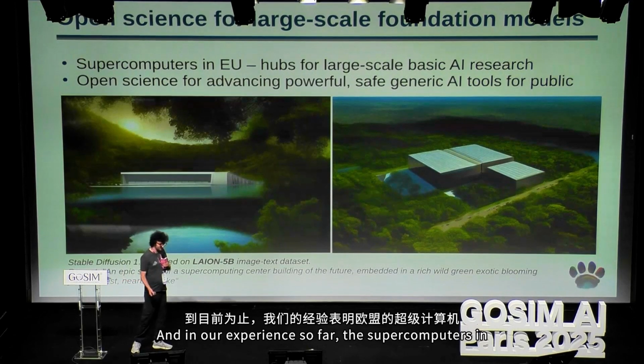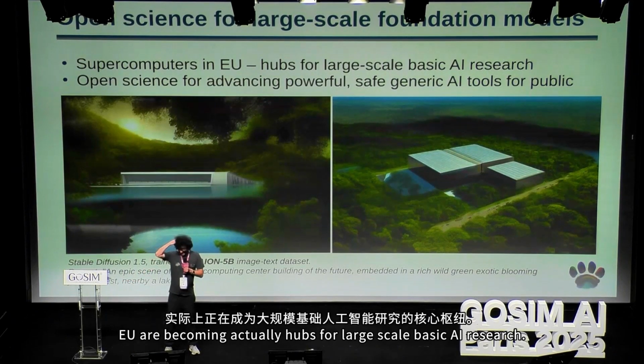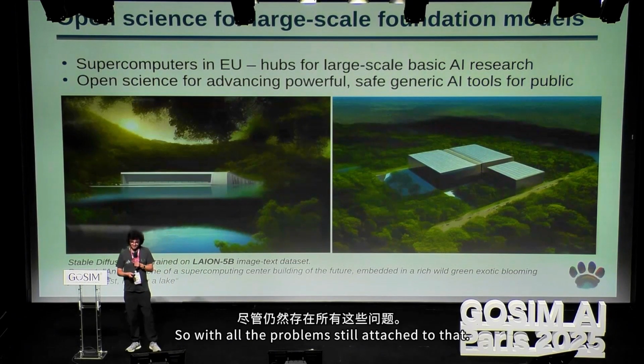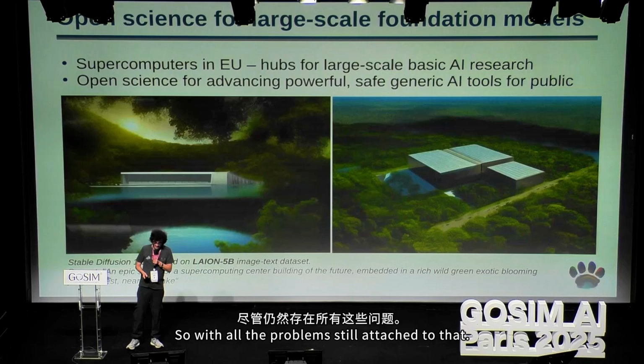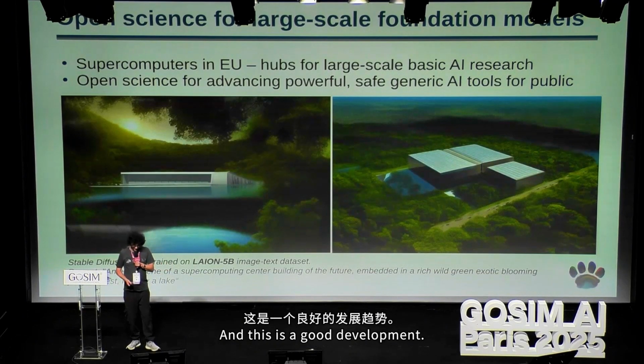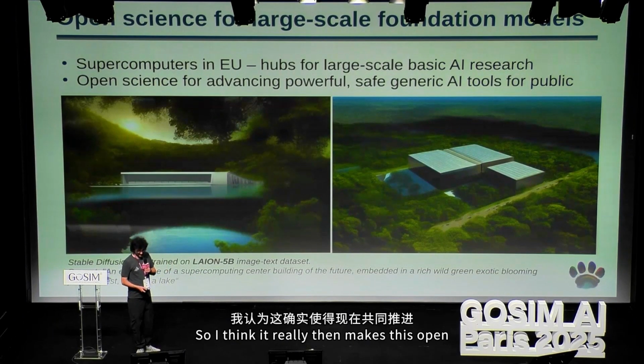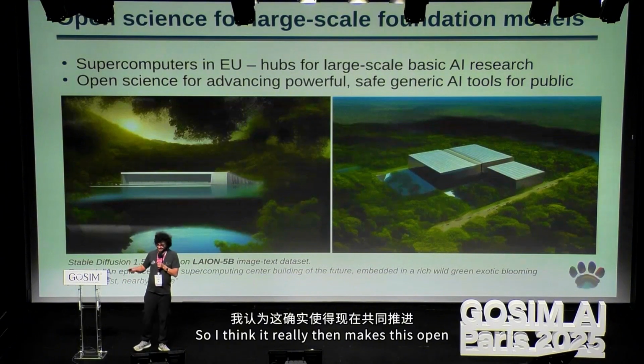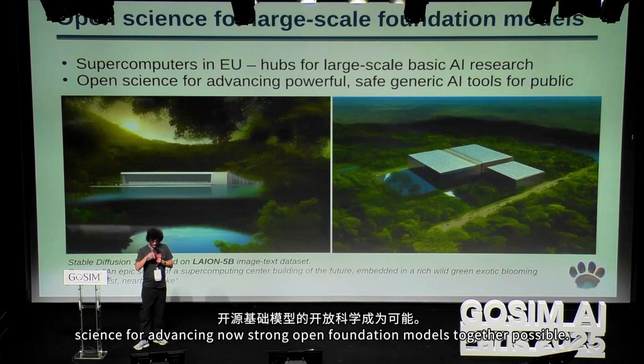In our experience so far, the supercomputers in the EU are actually becoming hubs for large-scale basic AI research, with all the problems still attached, and this is a good development. So I think it really makes this open science for advancing strong open foundation models together possible.